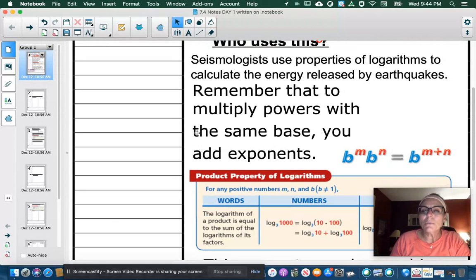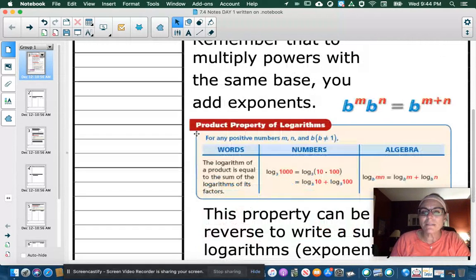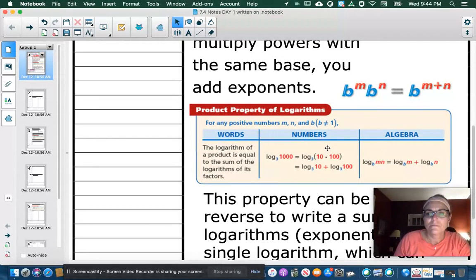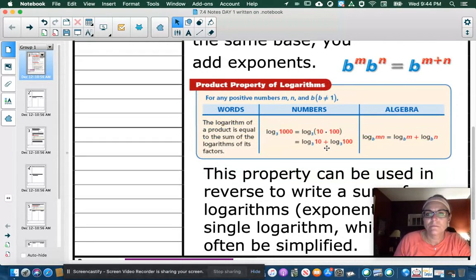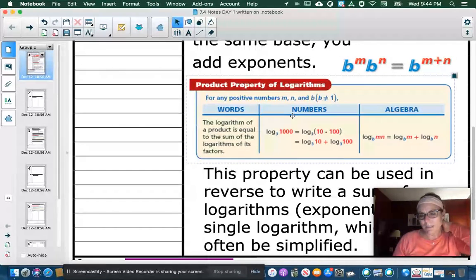Remember that to multiply powers with the same base, you add the exponents. So b to the m times b to the n is equal to b to the m plus n. The product property of logarithms: the logarithm of a product is equal to the sum of the logarithms of its factors.